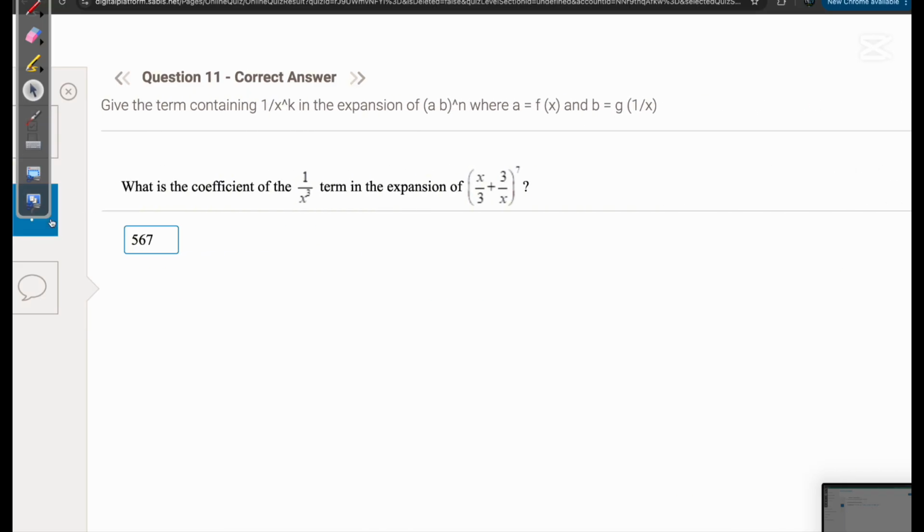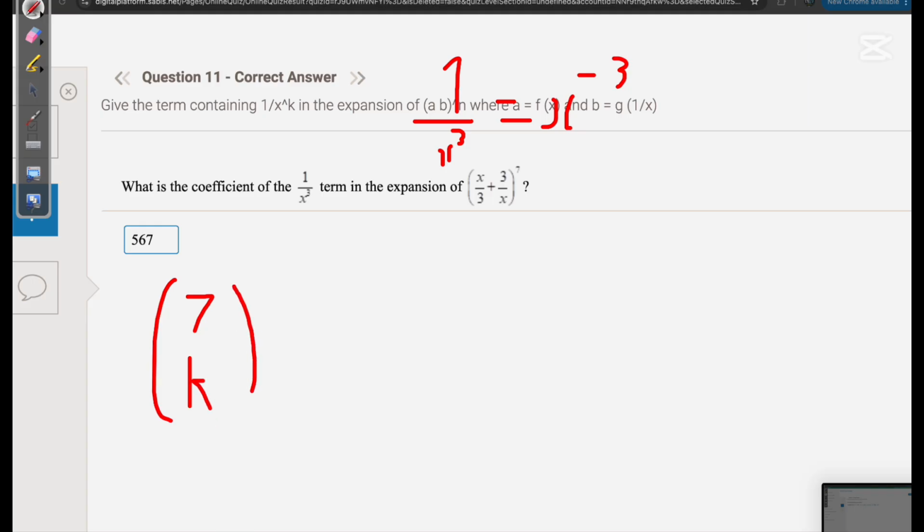Number 11. What is the coefficient of 1 over x cubed term? So the 1 over x cubed, okay, this is equal to x to the negative 3. Then first of all, let's write the rule, and we're gonna split the numbers and the variables.